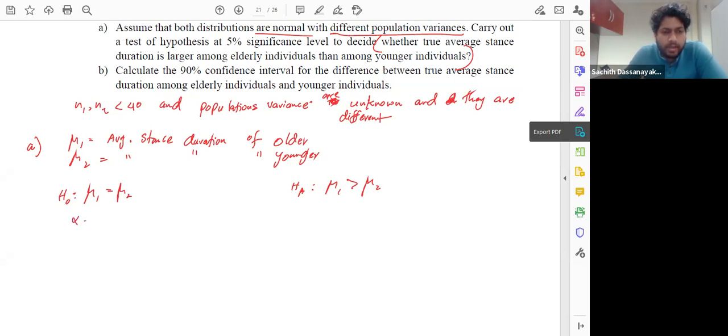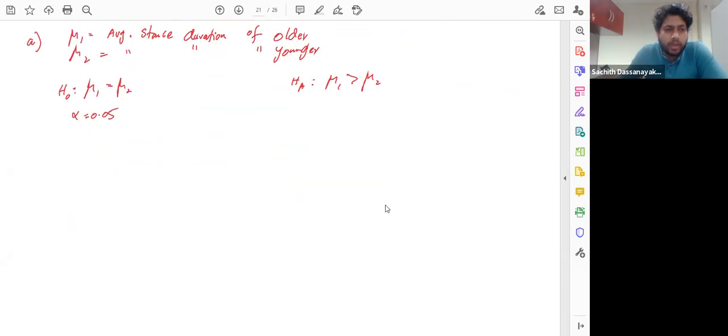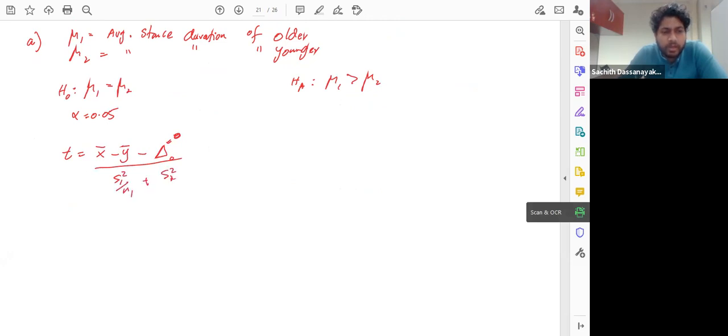Your alpha is 0.05. Test statistic, it is very similar to what we have done: x bar minus y bar minus delta naught, where delta naught is 0, divided by the square root of s1 squared over n1 plus s2 squared over n2.